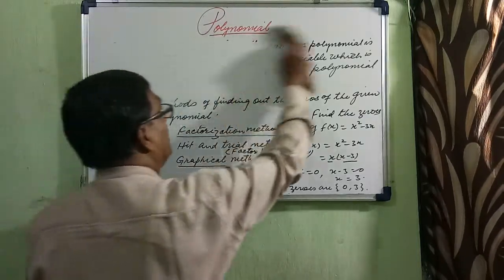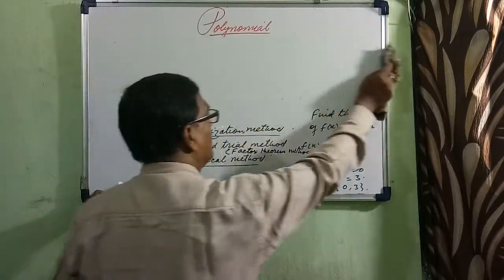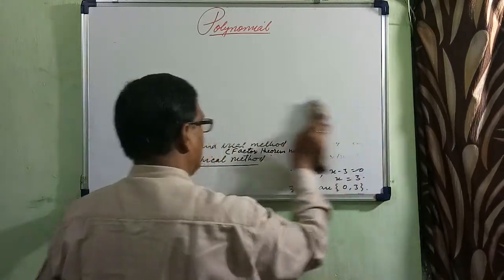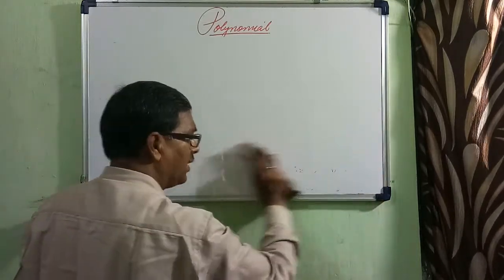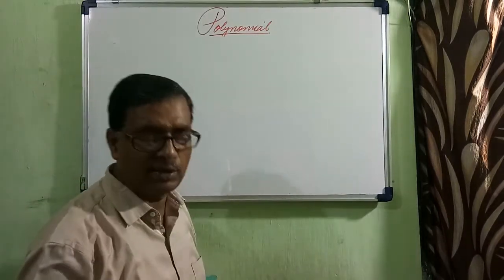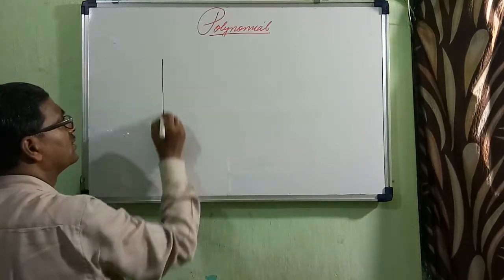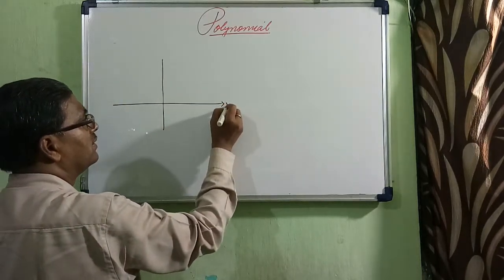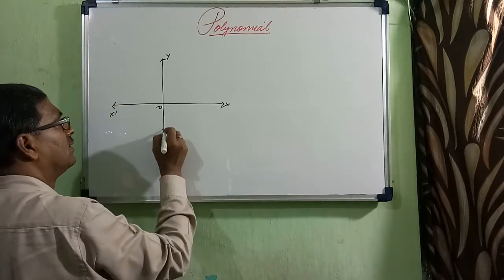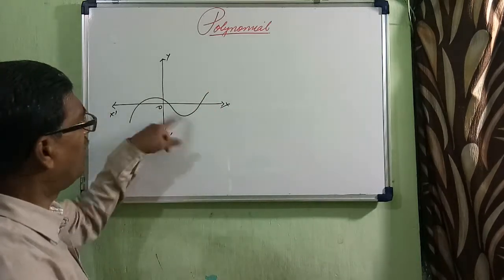Suppose you have drawn the curve of a polynomial, you have drawn the graph of a polynomial. So when the graph of the polynomial is being drawn, then what will happen? We have to see at how many points the x-axis is being intersected by the curve. For example, suppose this is a curve of any polynomial.